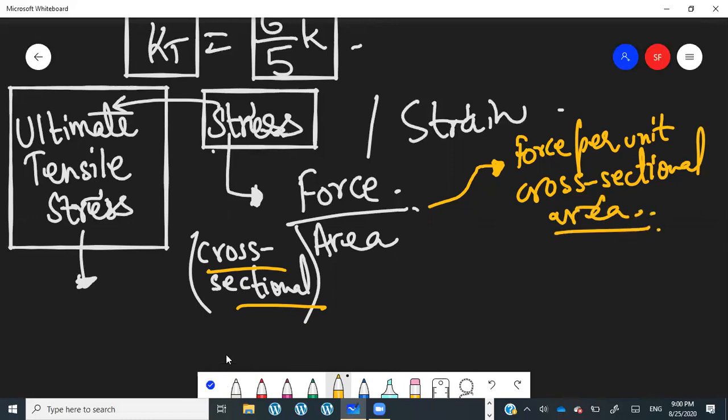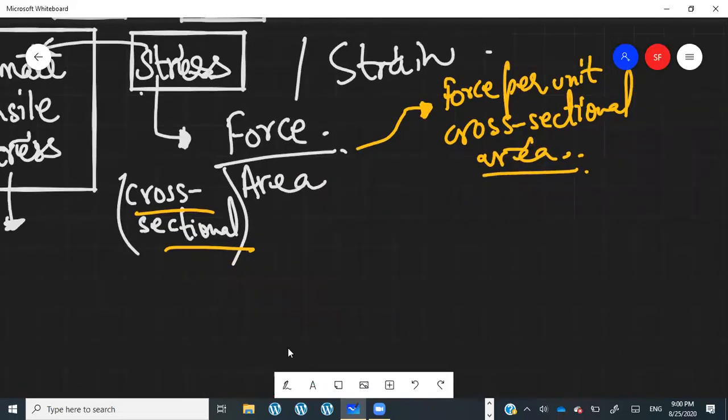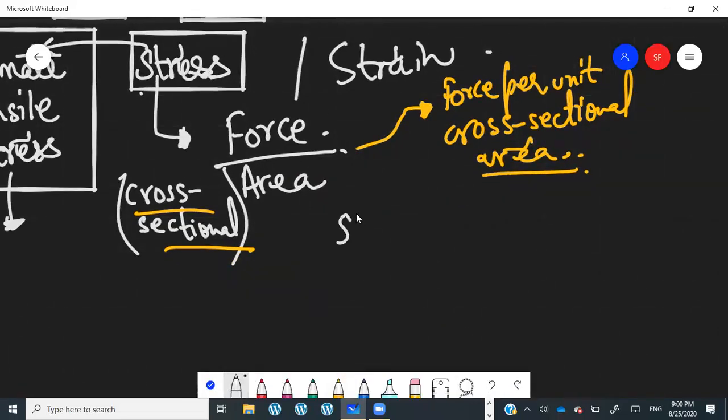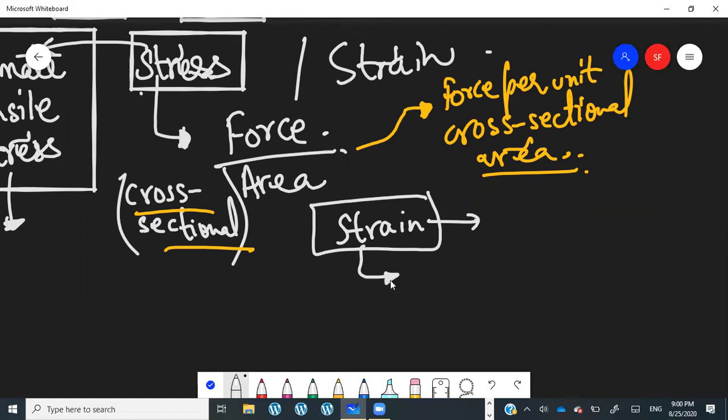Okay, what is strain? Extension into... I forgot the formula.